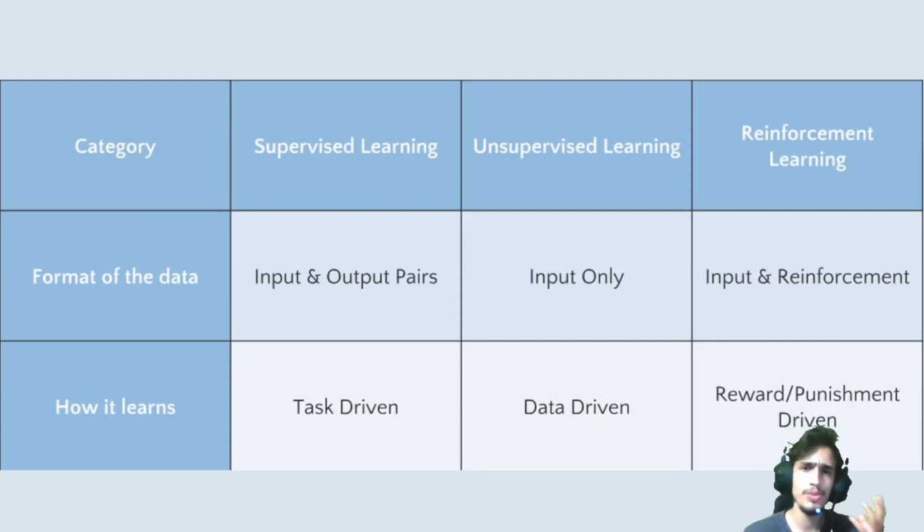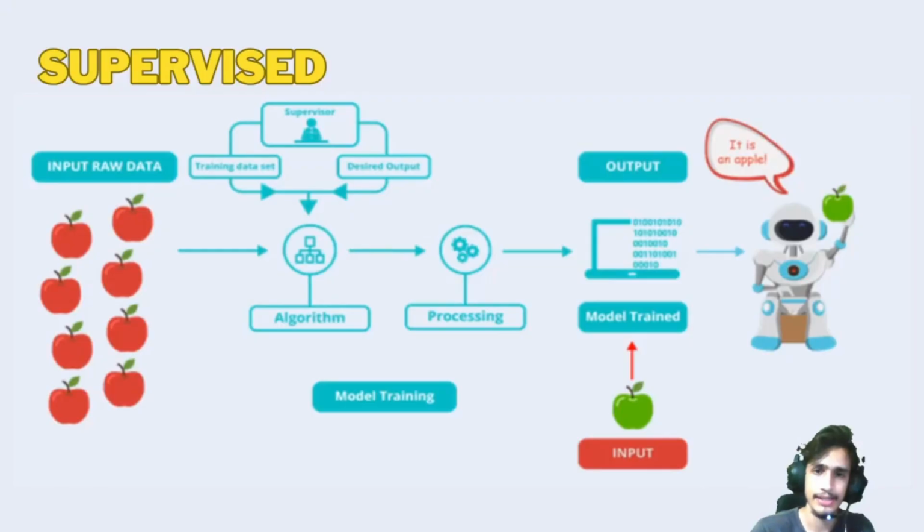In unsupervised learning, we just give the input and we will know how the data is driven. In reinforcement learning, we give input, rewards, and penalties, and it learns with the reward and punishment. I know that you will not understand any of these, so we will learn this thoroughly. Let's go. First is supervised.